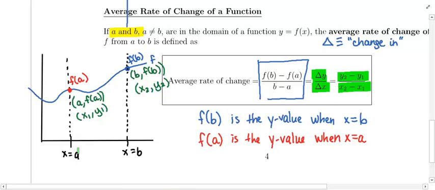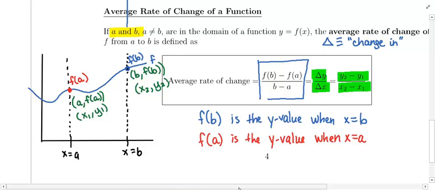Plugging in the first x value produces x1, y1, and the second produces x2, y2. Then you just follow the formula: y2 minus y1 over x2 minus x1. That is my preferred way of thinking about it, but if you prefer f of b minus f of a all over b minus a, then go for that.